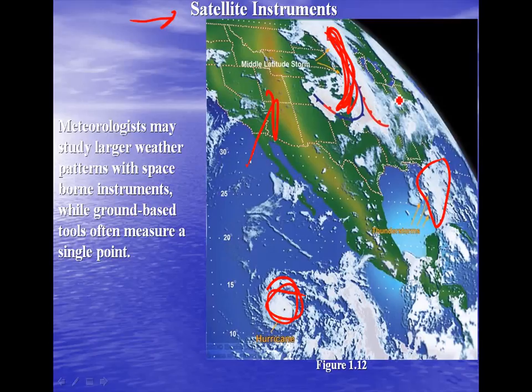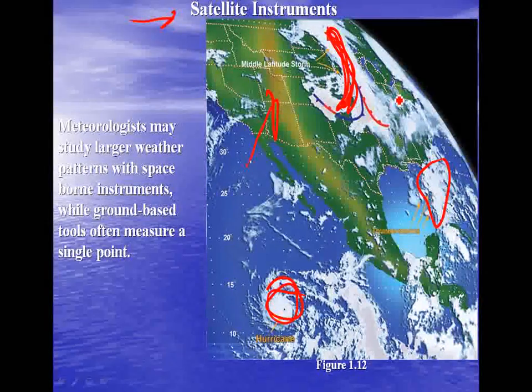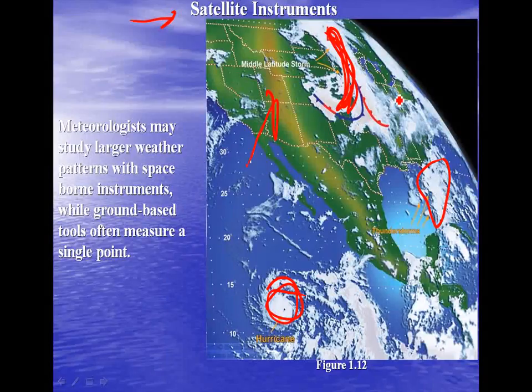We actually have a satellite that is in synchronous orbit with the Earth that takes pictures during the day and also senses or takes pictures at night. In other words, when you don't have a light source, it can still take pictures, and that's what we call infrared satellite, and we'll learn how that works in the next chapter.